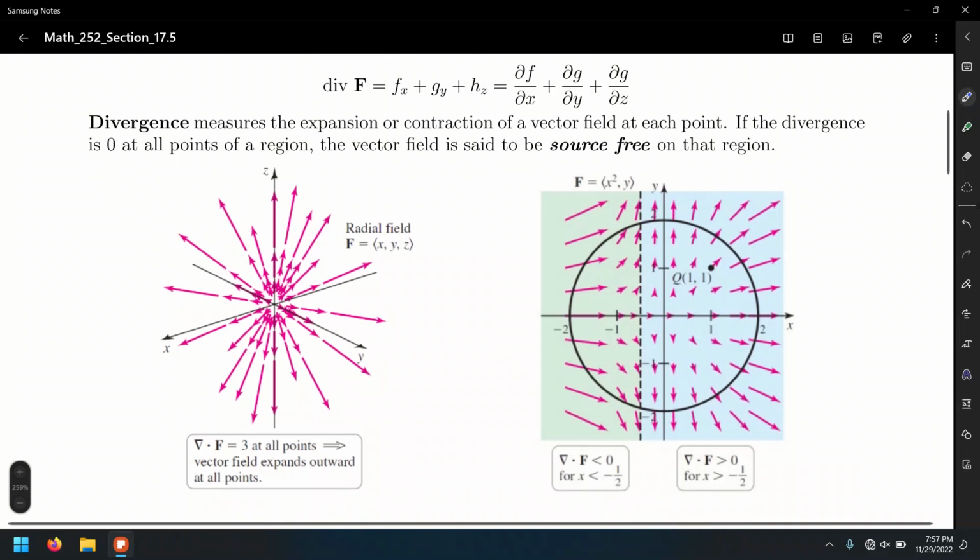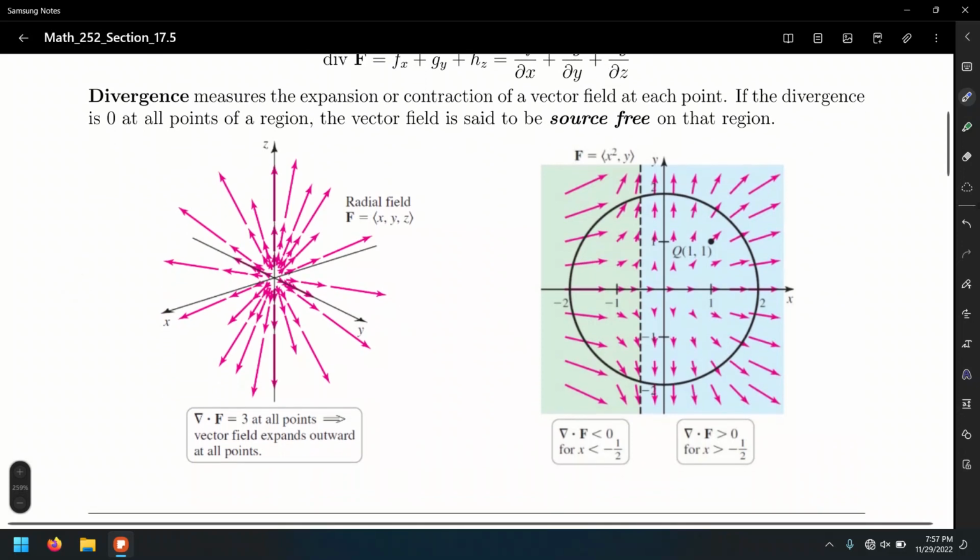And the illustration next to it is showing points in which the divergence is positive, that is, there's an expansion, and points in which the divergence is negative, a compression. So this point right here is being compressed by these two vectors, rather than having an expansion in this case.